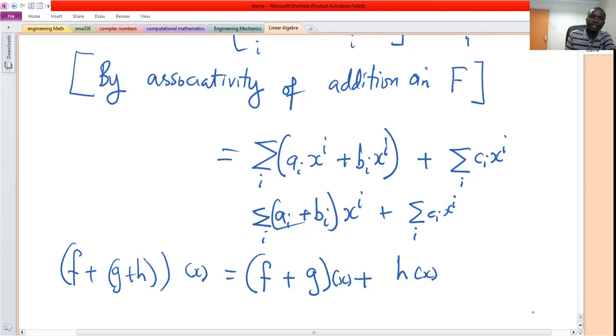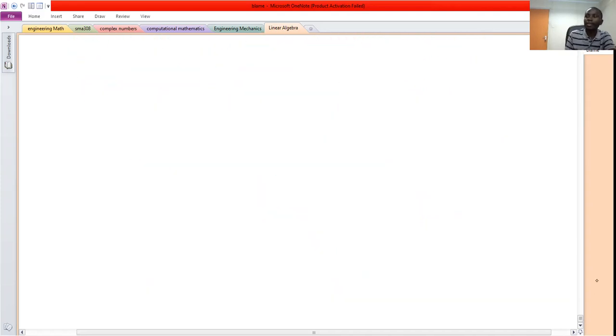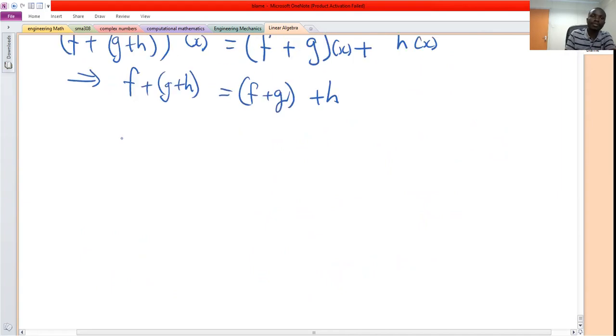This tells us that f plus g plus h is equal to f plus g, and then plus h. So that shows that associativity holds.